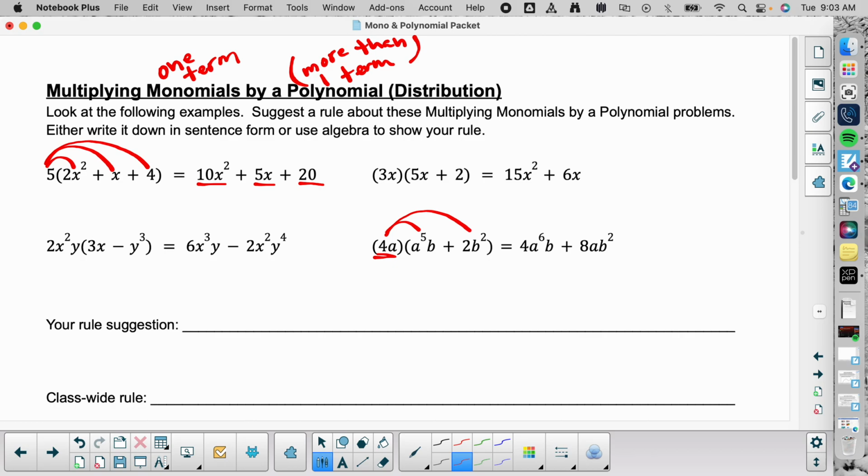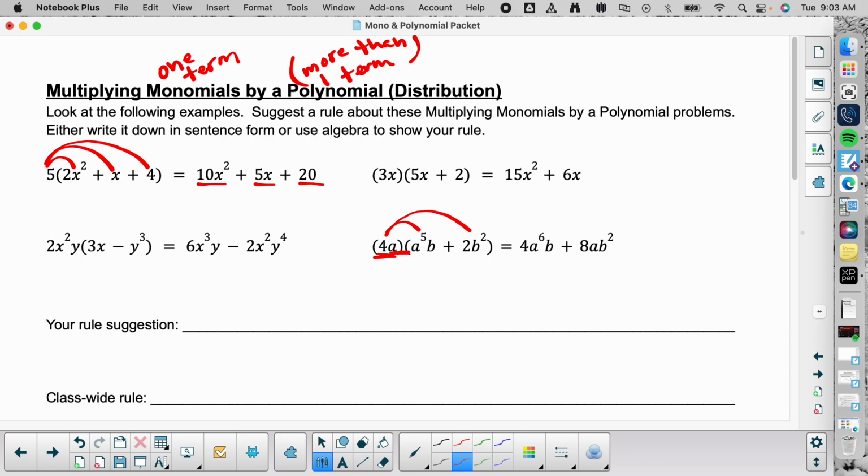The 4A times the A5B, well, there is no other numbers, so 4 will be the answer. And then we've got an A times an A5, add their powers to get to 6. We've got an A times the B, oh, shoot, let me say that differently. This becomes all one thing, and we're just combining the like letters together.